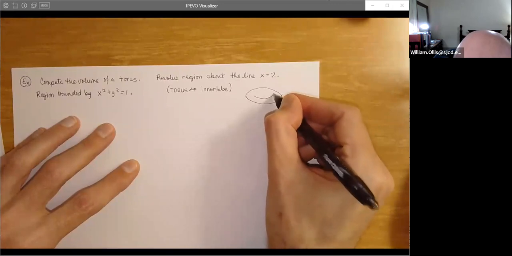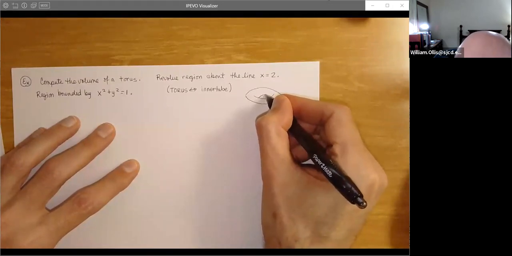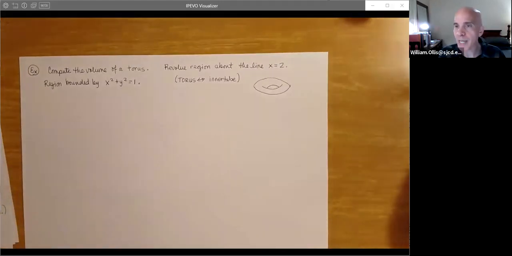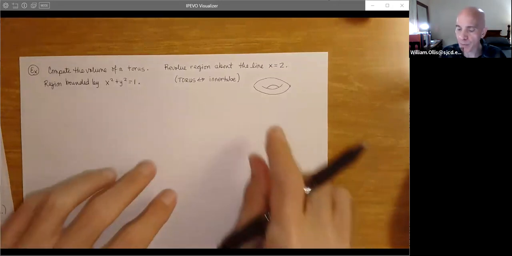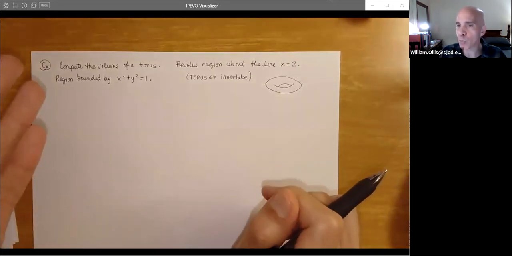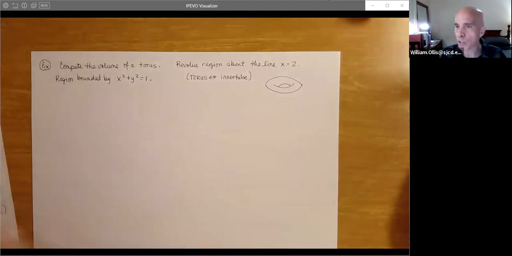So there's one side, and then you can get the inner side by doing something like that. So that's the inner tube. It's like, when you're learning how to swim, your parents put you in an inner tube to hold you up so you don't go underwater. The inner tubes are something we all know of when we're learning how to swim. So that's what we could call a torus.